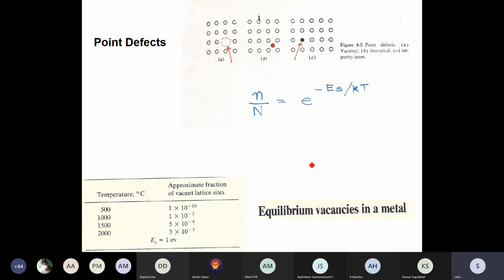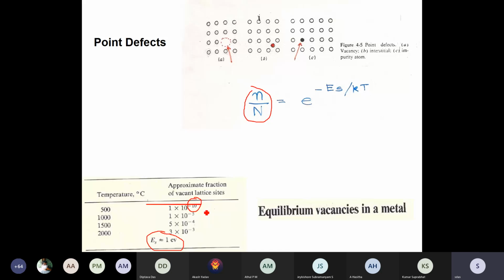So if I consider the value of Es as approximately 1 electron volt, I can get, at say 500 degrees Celsius, an approximate fraction of vacant lattice sites of 10 to the power minus 10.